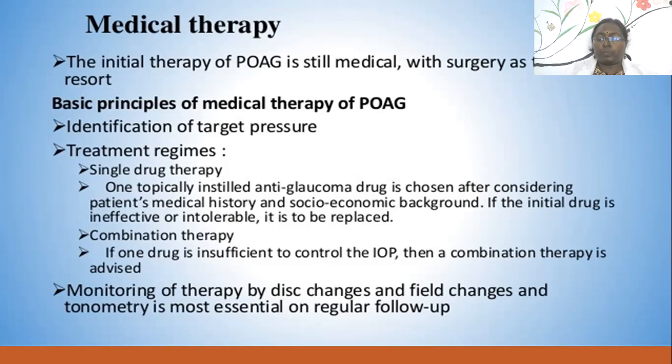We go for combination therapy, where anti-glaucoma drugs include beta blockers, clonidine and brimonidine, which are alpha agonists, topical prostaglandin analogs, and dorzolamide, which is a topical carbonic anhydrase inhibitor.